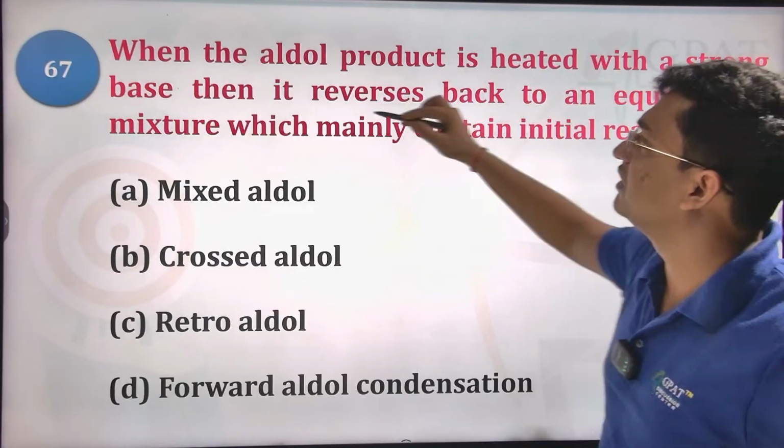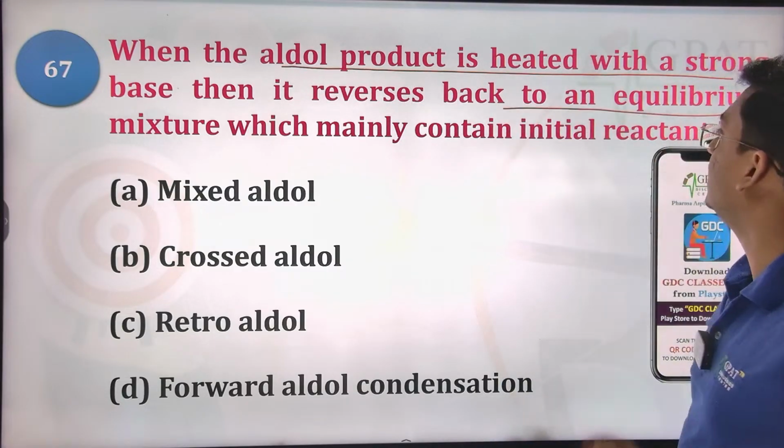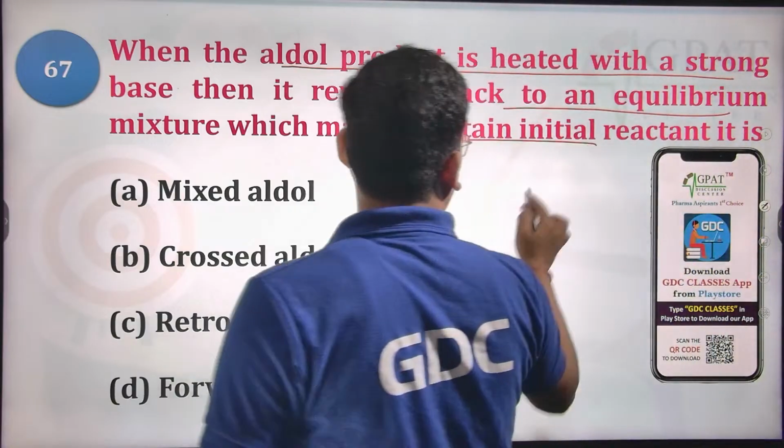Now the next question: when the aldol product is heated with a strong base, it reverts back to the equilibrium mixture, which mainly contains the initial reactant.